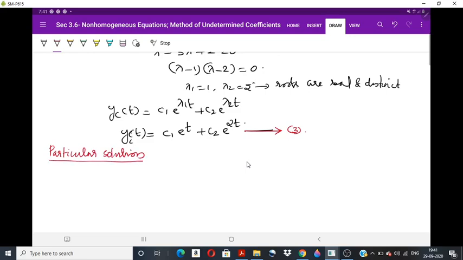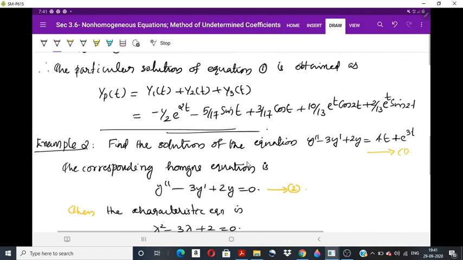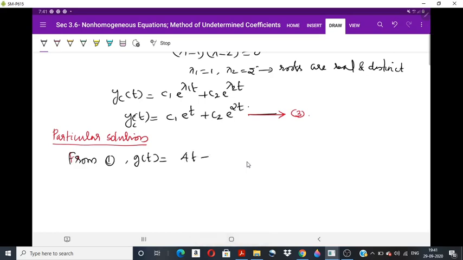In order to find the particular solution, first we look at the right side function. From equation number 1, we have g of t is 4t plus e raised to 3t. So here g of t is the sum of two functions, which can be considered as g1 of t equal to 4t and g2 of t as e raised to 3t.